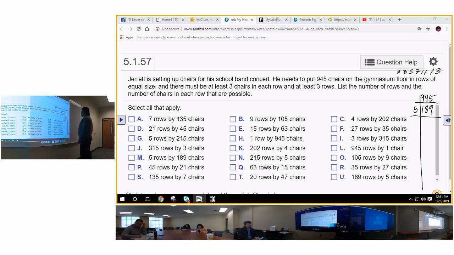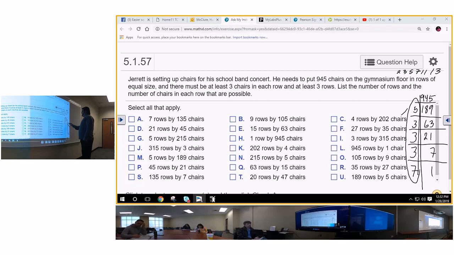Now I can maybe do 3s. 3 will go into 9 three times, 3 will go into 3 one time, then 7, and then 1. So this is your prime factorization.